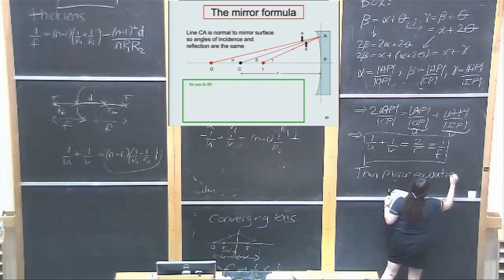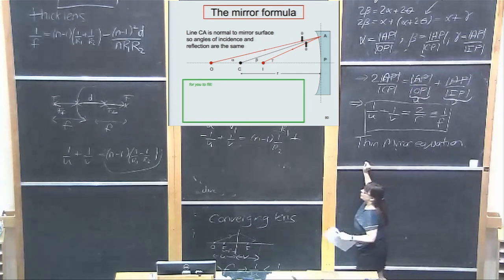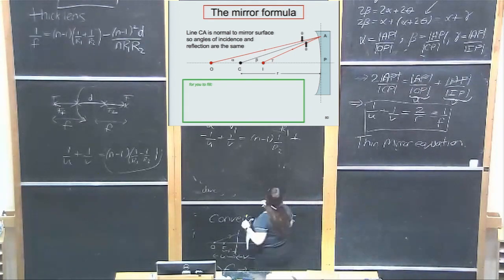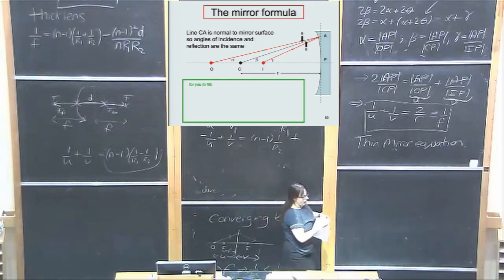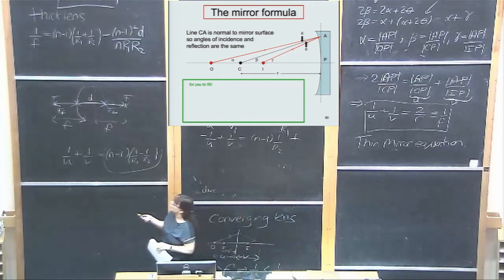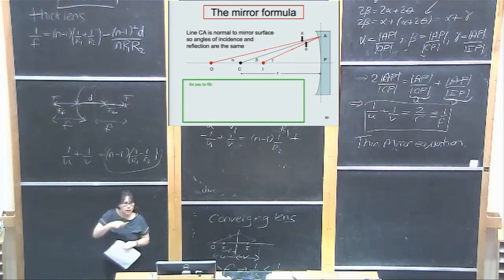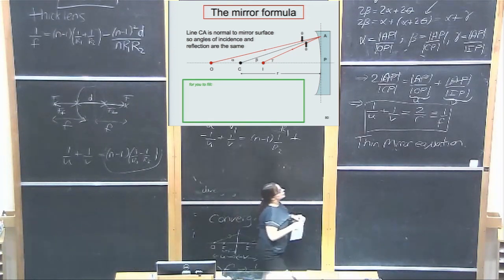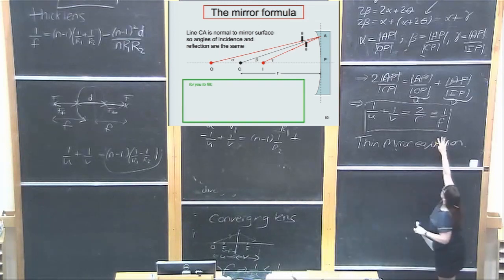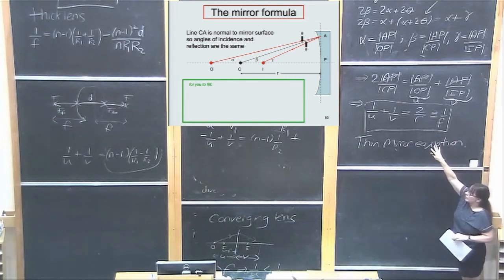Okay. So that's the thin mirror equation. What this is telling us is that if I have an object spewing out light rays, it will be focused to a point on axis related by this equation, but that there is a very specific relationship between the focal point and the radius of curvature as well.